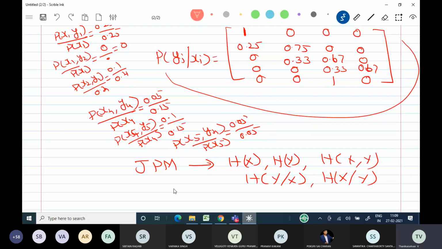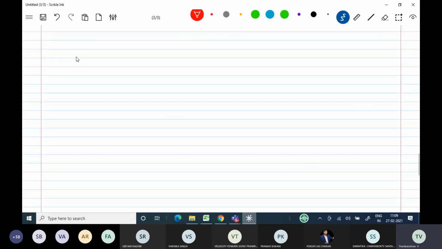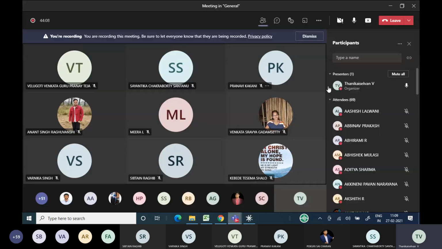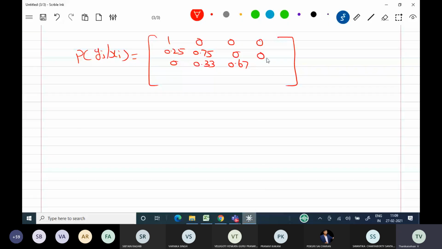Now this matrix is called, listen carefully, again I am writing because there is a reason. From this matrix I am going to draw the diagram: 1, 0, 0, 0; just now we have calculated 0.25, 0.75, 0, 0; 0, 0.33, 0.67, 0; 0, 0, 0.33, 0.67; 0, 0, 1, 0.